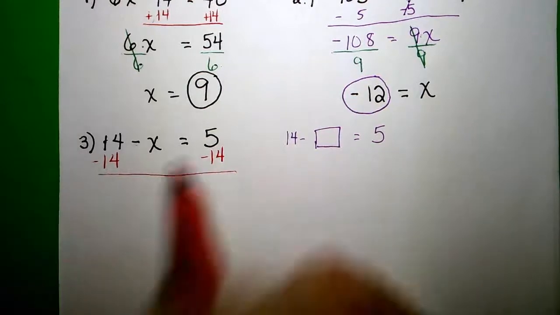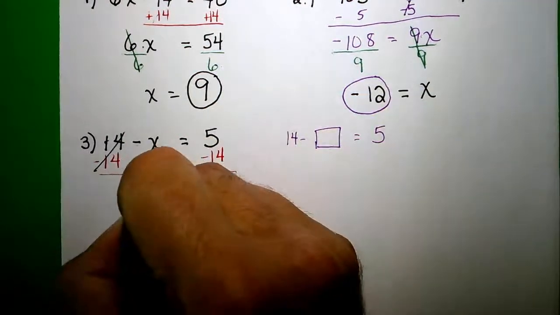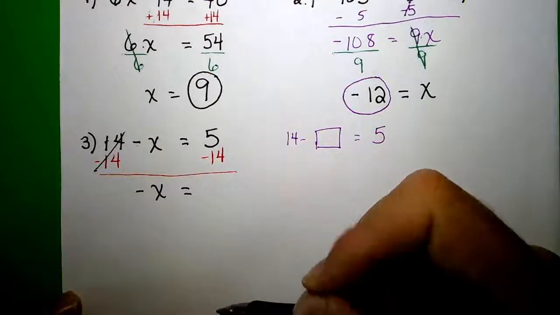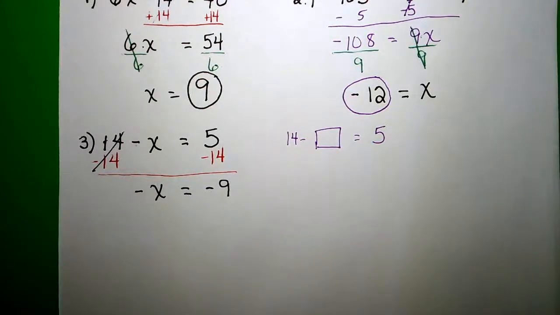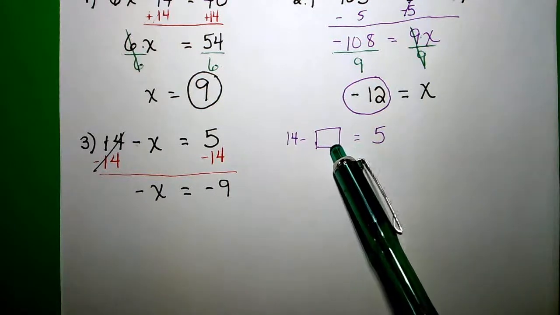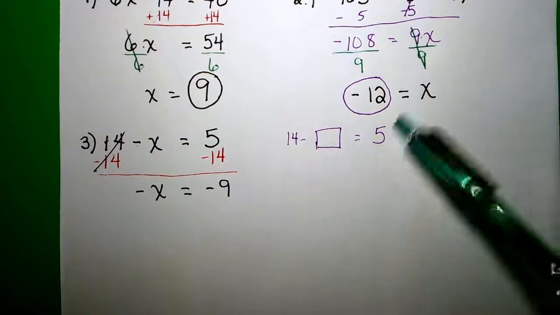And when you do that, the 14 minus 14 is gone, negative x equals 5 minus 14. Is that a negative 9? You know that's not right, because when you just have a little box here, it should be just a 9. 14 minus 9 is 5.